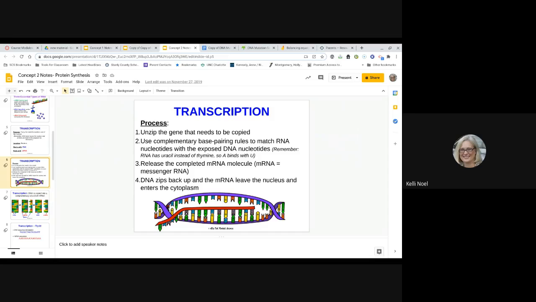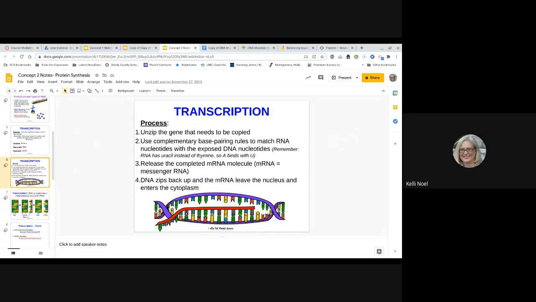Once the RNA molecule is made, it's released. So number 3, release the completed mRNA. The first blank is released, the second is mRNA.